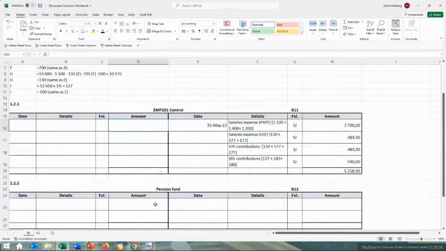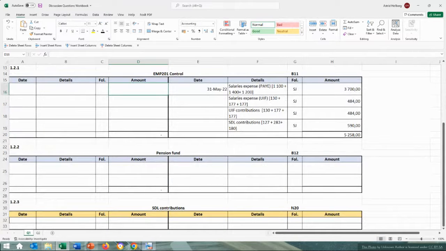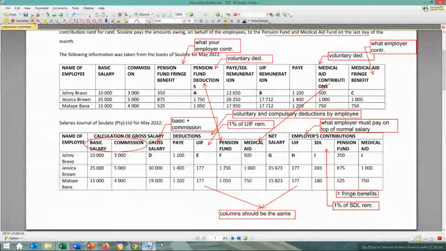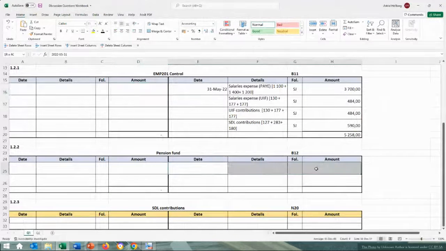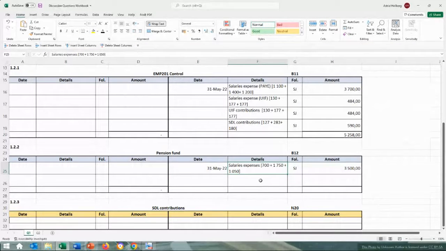Okay, and then they ask you to do your pension fund account. Your pension fund account would come from this line item here and this one there. So your pension fund is your liabilities account, so your creditors account. So we're going to first do the salary expenses for this amount, which is 3,500.